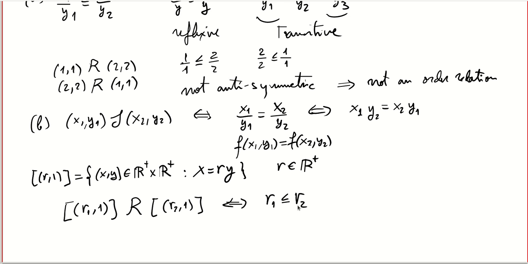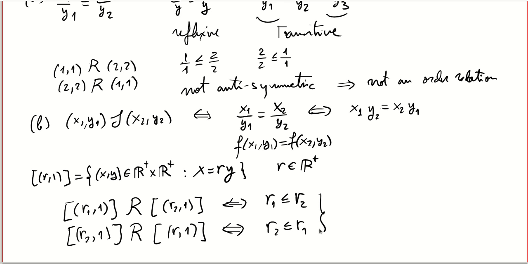Well, we don't have to check reflexivity and transitivity because they are warranted. They were warranted before, so they are warranted now. The only thing that we now have to check is whether this is antisymmetric. And let's see. Antisymmetric means that if you have this and you have also this, which according to this would be this, then what you have is actually that r1 is equal to r2, which is true, right?